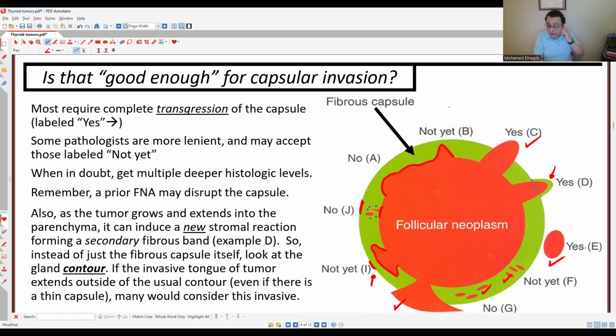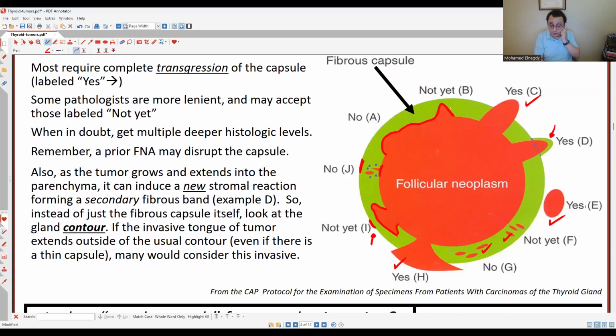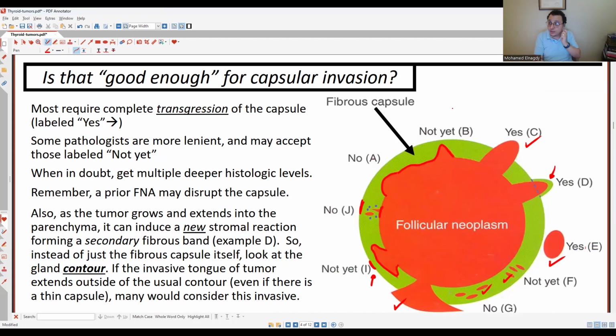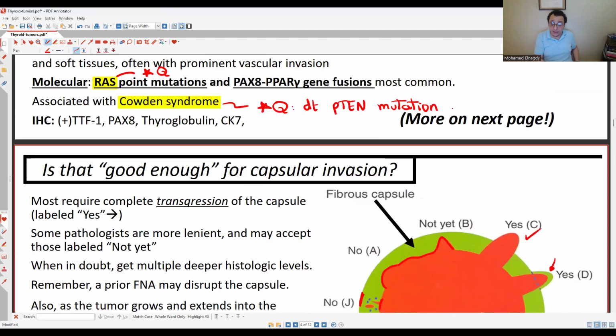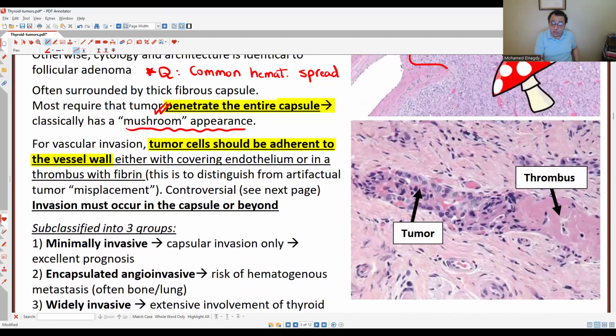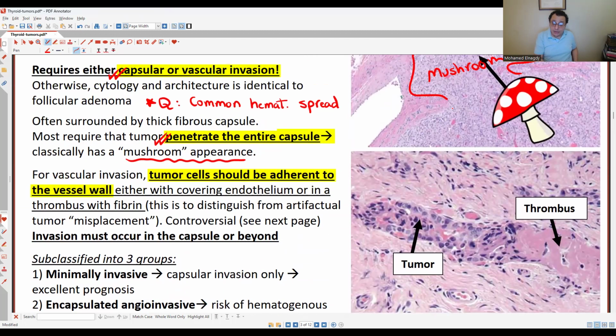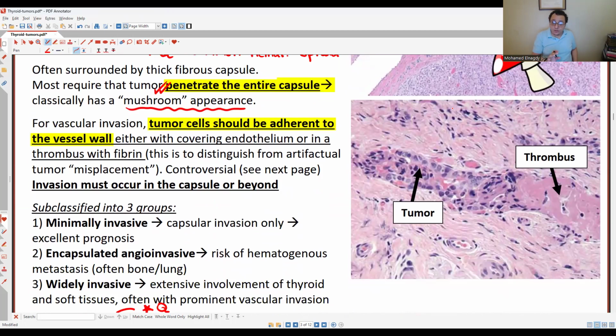So that's how you gain experience in getting to know the true versus pseudo capsular invasion, because this completely changed the management and completely changed the diagnosis from follicular adenoma to follicular carcinoma. And for you to say that there is vascular invasion, you need to have two criteria.